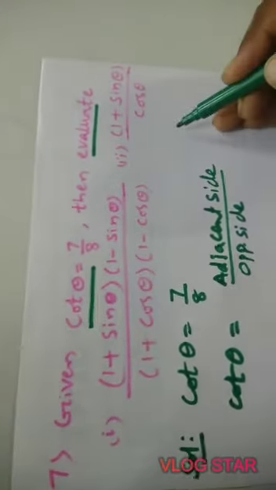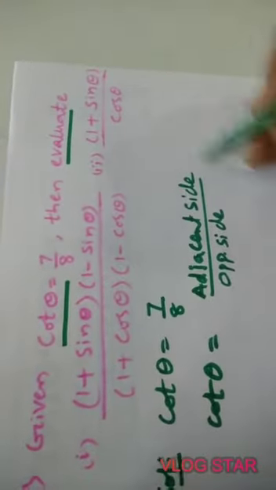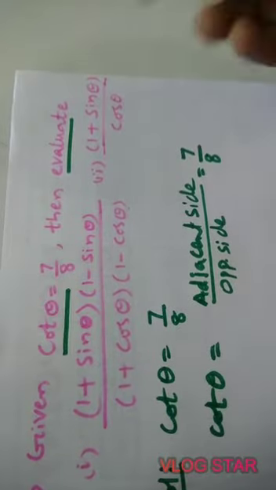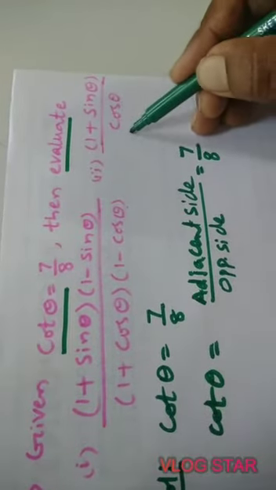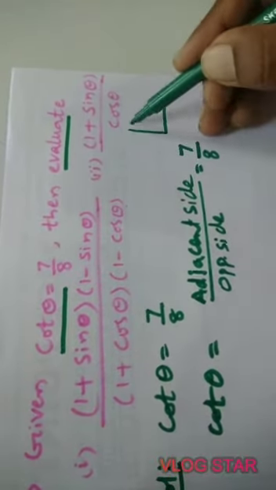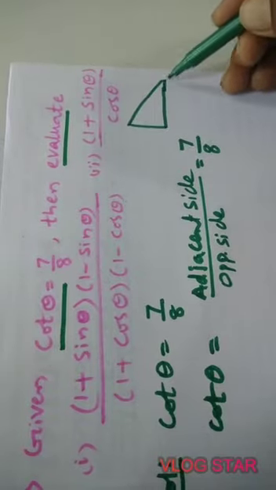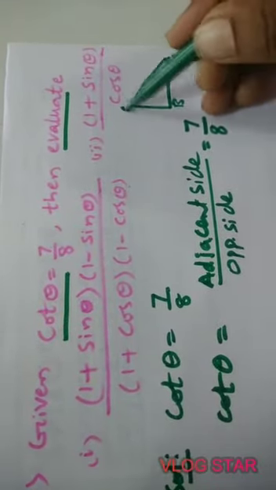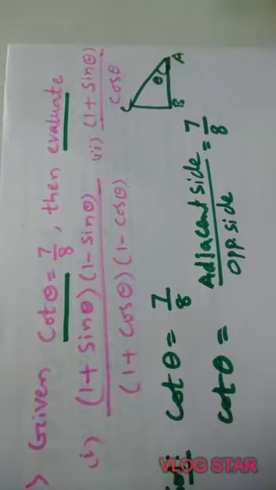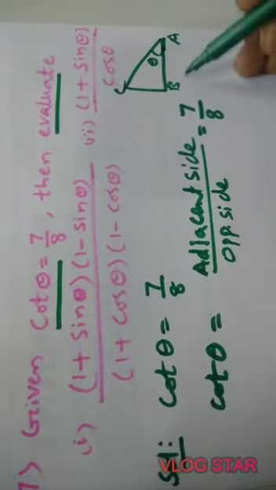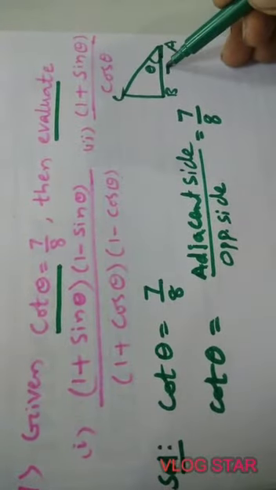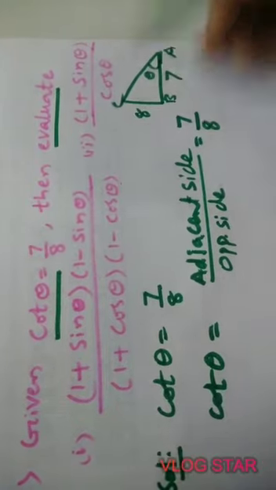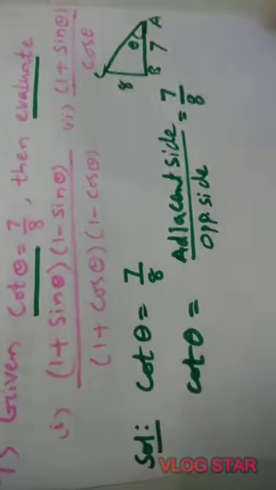So here we have to draw a right angle triangle where the adjacent side is 7 and the opposite side is 8. In the right angle triangle ABC, this is theta angle. Adjacent side is BA, that is 7, and opposite side is BC, that is 8. So we have to find AC.